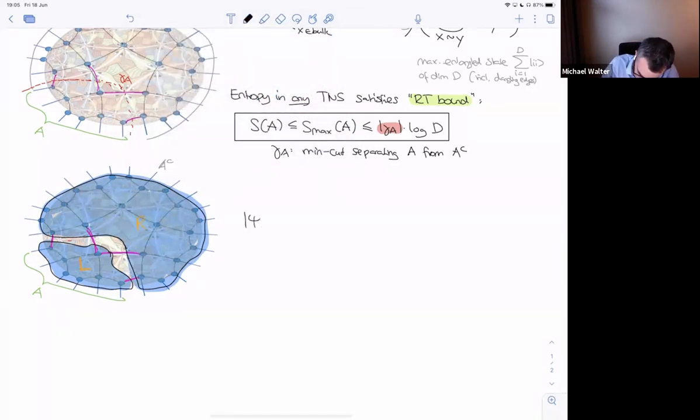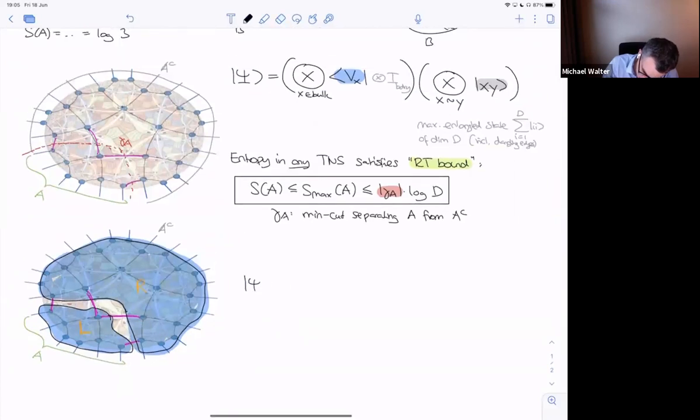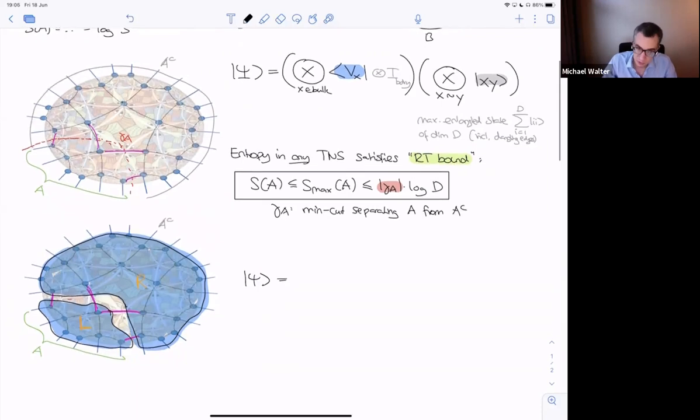And so we see that the state psi that's defined by the tensor network, we can think of in the following way. We start with maximally entangled states, namely the ones corresponding to these bonds here. How many do we have?